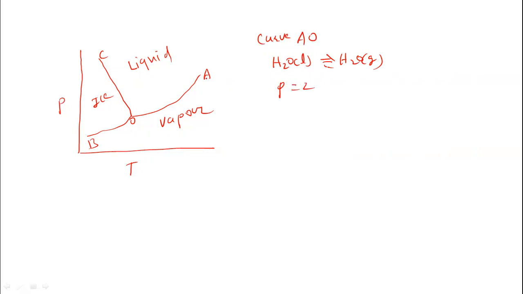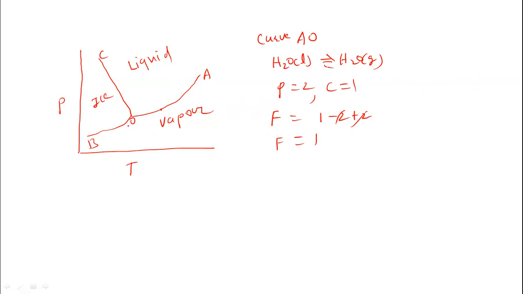Application of the phase rule to this system: water is a one component system, C is equal to 1. So F is equal to C minus P plus 2, which is 1 minus 2 plus 2. So F is equal to 1 here. So along the curve, we require only one variable. Along the curve, F is equal to 1.